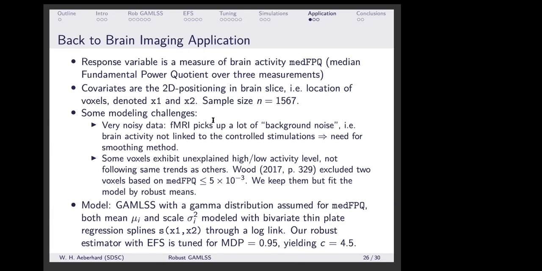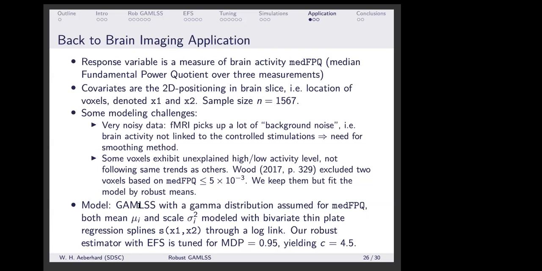I don't think it's reasonable to assume this. So again, as I mentioned, Simon Wood did exclude 2 data points based on the criterion that they were smaller than 5 times 10 to the minus 3. That was his rule of thumb. We keep those data points, and you'll see in a minute that the robust method can actually detect them.